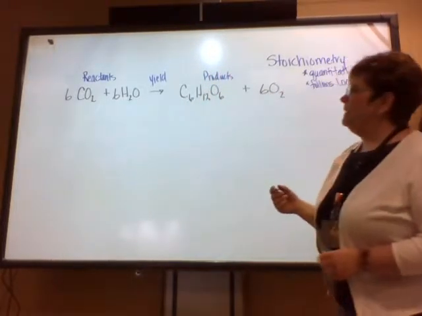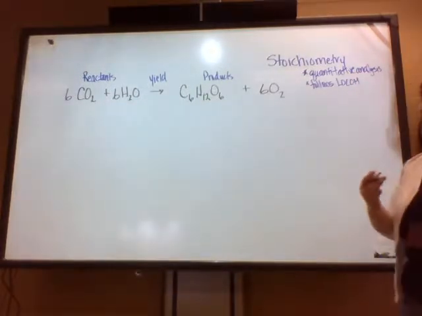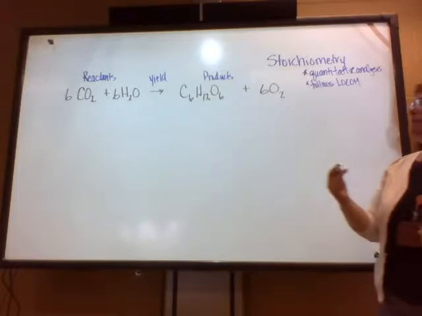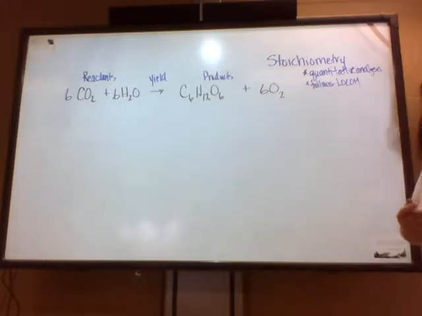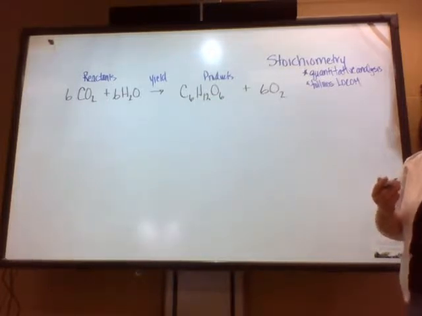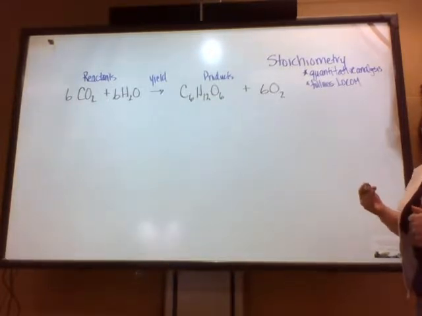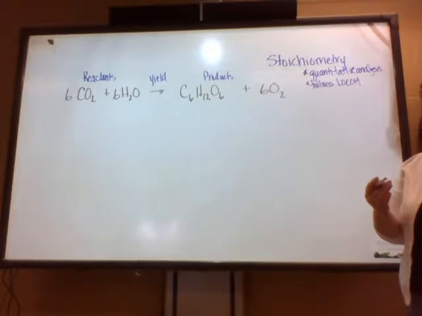So what does that mean? Well, we have to use those numbers. Before, it used to be like if I had 6 molecules of carbon dioxide plus 6 molecules of water, I would get 1 molecule of glucose plus 6 diatomic molecules of oxygen. Yes? That's what it says.